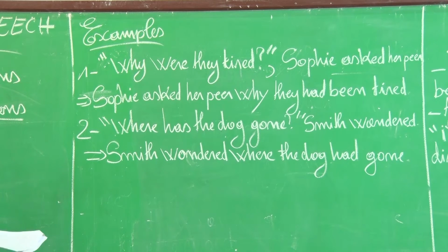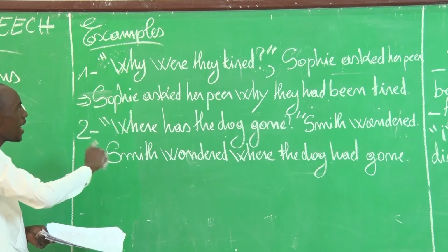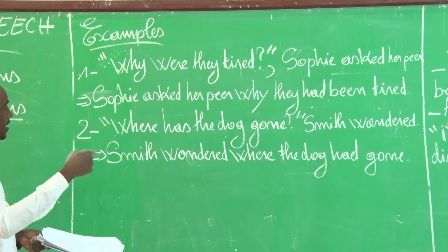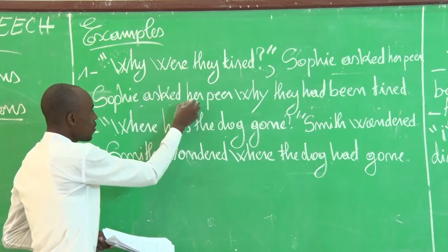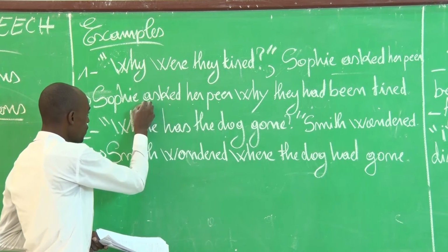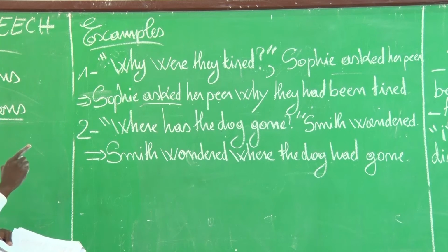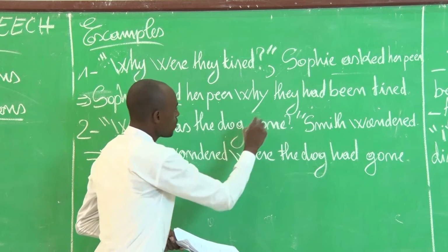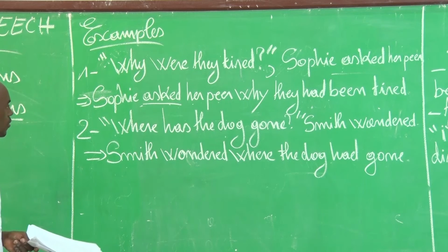Now, what do you remark here? In the first sentence, we have, why were they tired? Sophie asked. And in reported speech, we have, Sophie asked her peer. Here, with the verb to ask, le verbe de la proposition principale est au passé, ok? Et automatiquement, on doit changer le verbe de la proposition subordonnée.